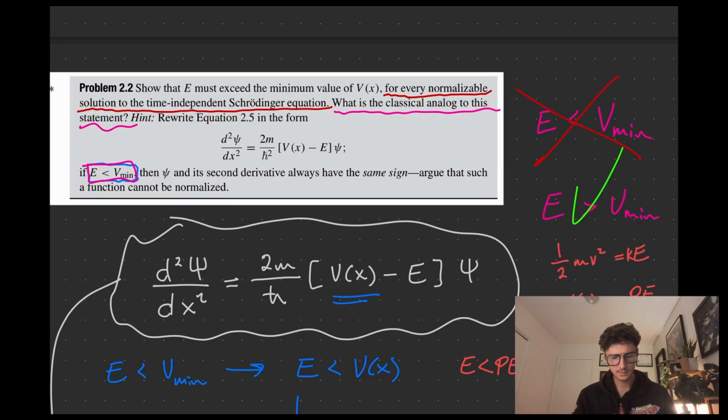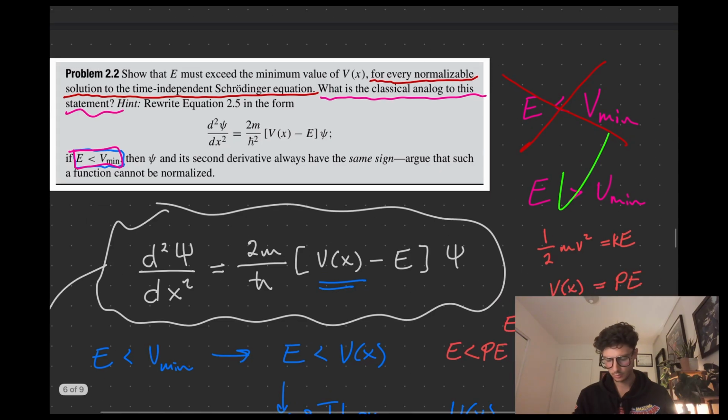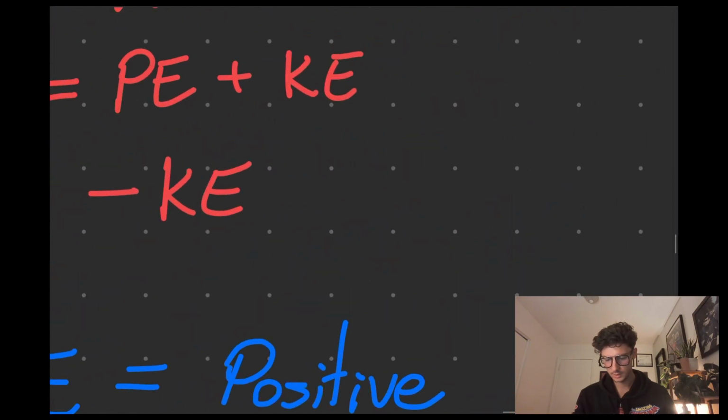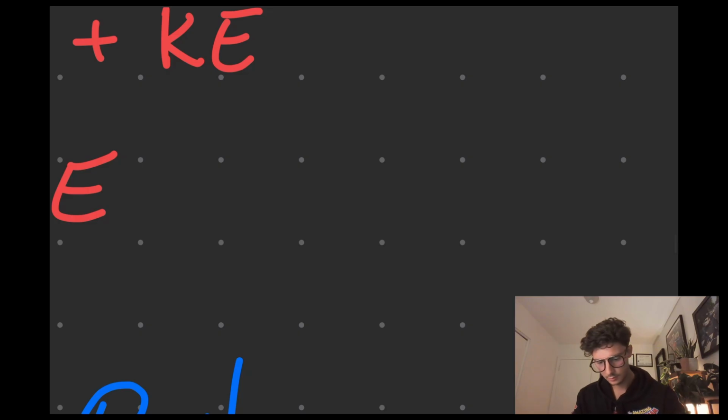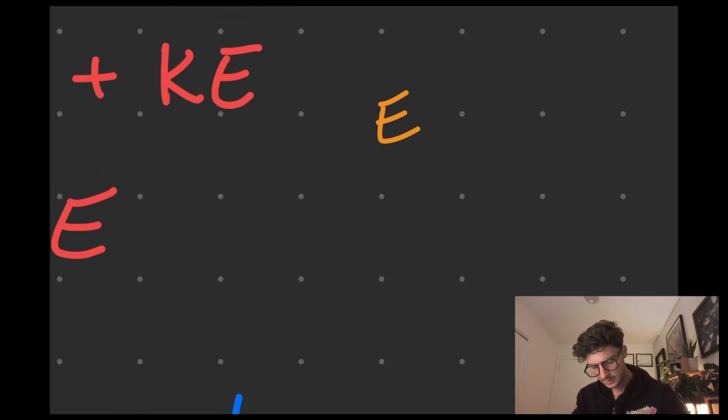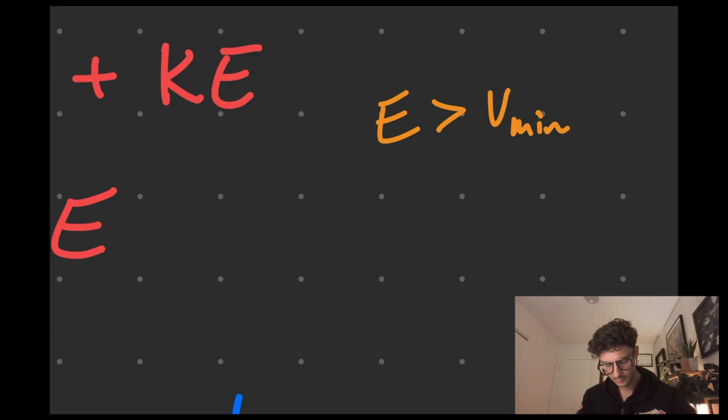Show that E must exceed the minimum value of V of x for every normalizable solution to the time-independent Schrödinger equation. Okay, let's zoom in here a little bit more and write in this color. So if E must exceed, so E is bigger than V min, then what happens?